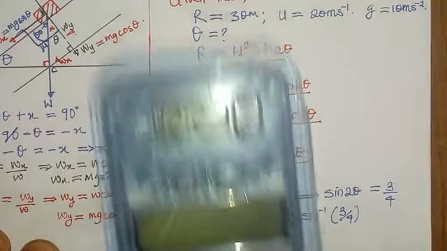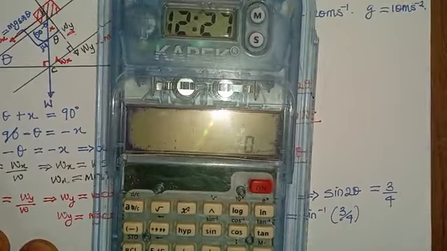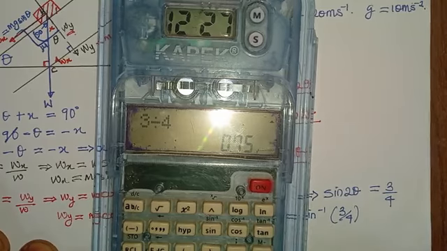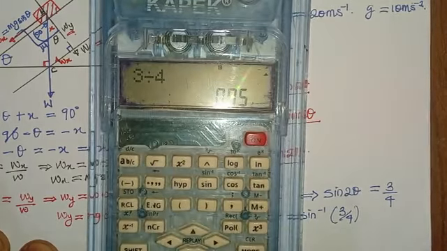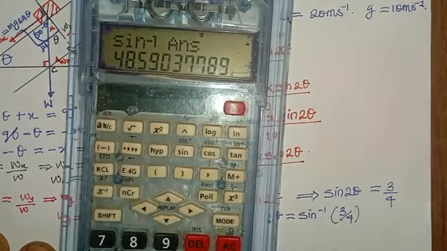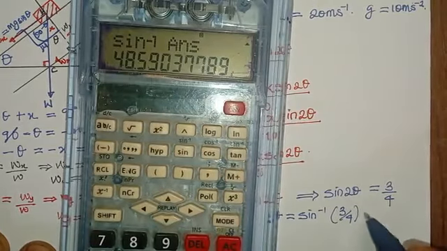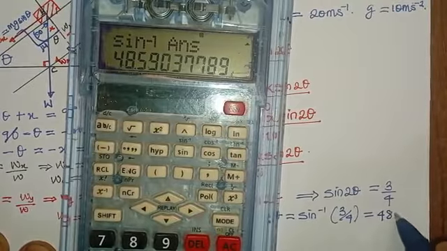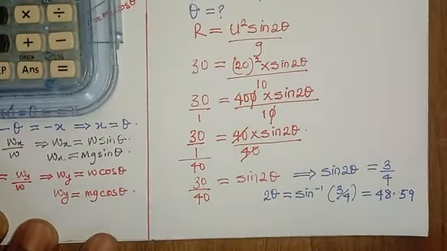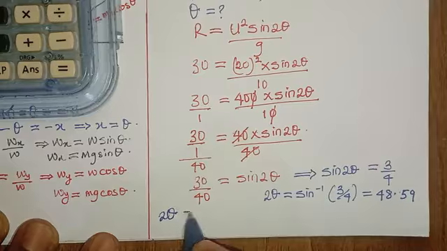You can just say 3 divided by 4, whatever it gives you, you press shift, then you say sine inverse of the answer. So that will give us 48.59. Is that understood?